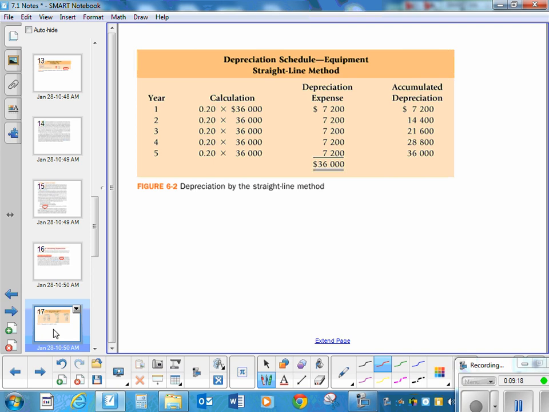And this is what a depreciation schedule would look like. It has your years listed and how much is depreciating each year, and you can see how it's the same amount. This is the accumulation. The first year it depreciates $7,200. The second year it has a total of $14,400, and it continues until that matches the amount of what the item was worth in the first place.